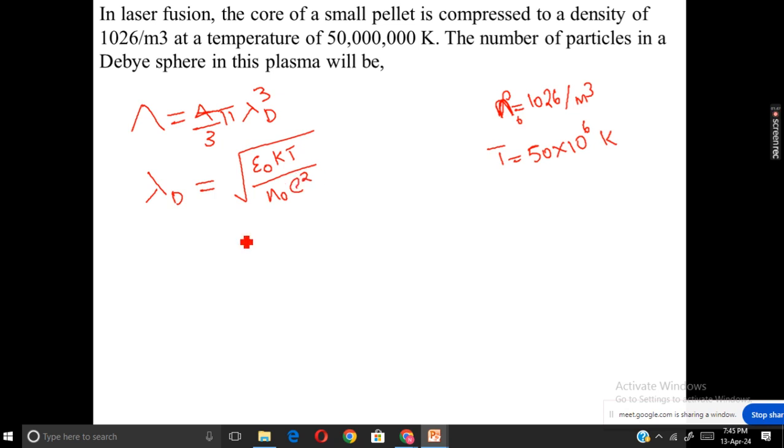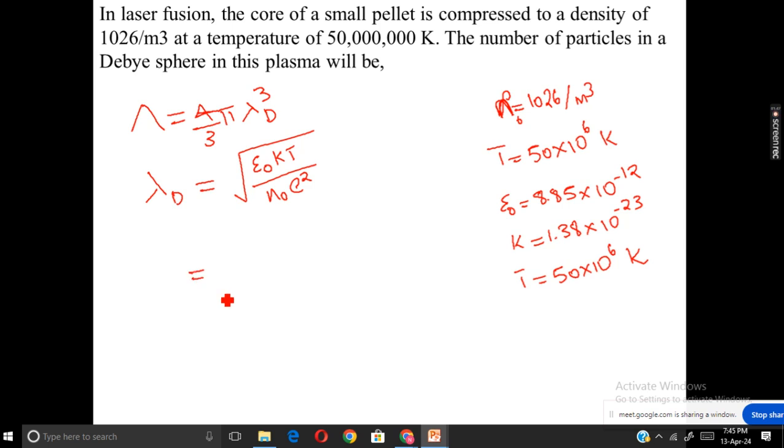T is given, n0 is also given. Epsilon 0 and k are constants, where epsilon 0 is 8.85 into 10 raised to minus 12 and k is 1.38 into 10 raised to minus 23. Then T is 50 into 10 raised to 6 Kelvin.